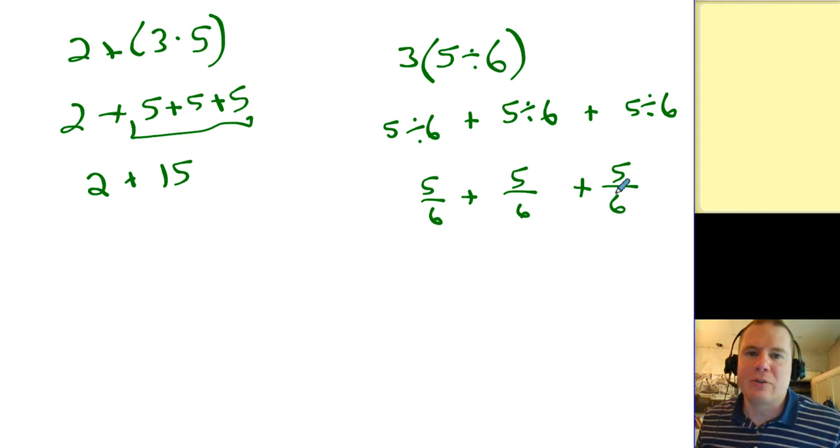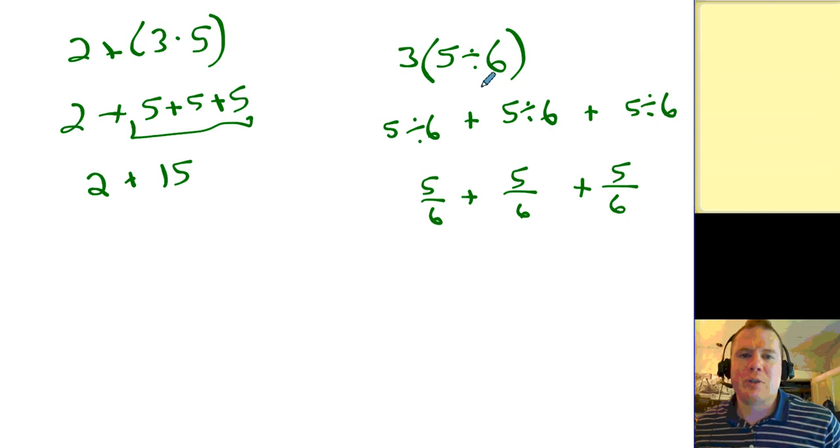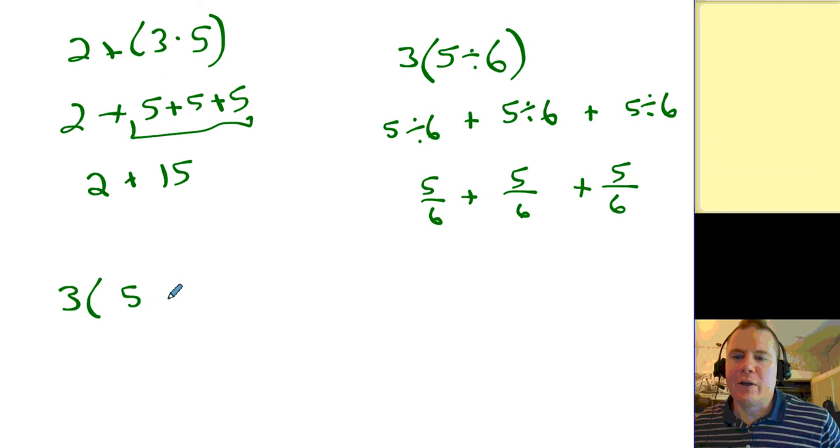This is not the distributive property because this was not addition. If I have 3 parentheses 5 minus 6x, I recognize minus means adding the opposite.